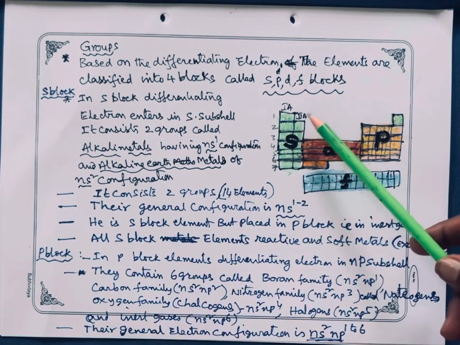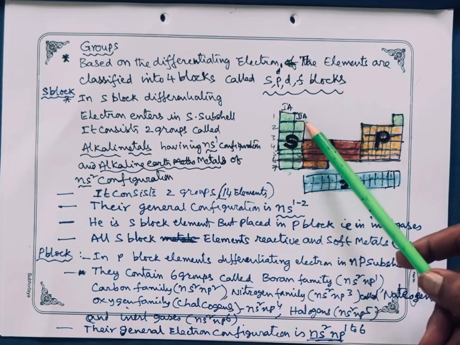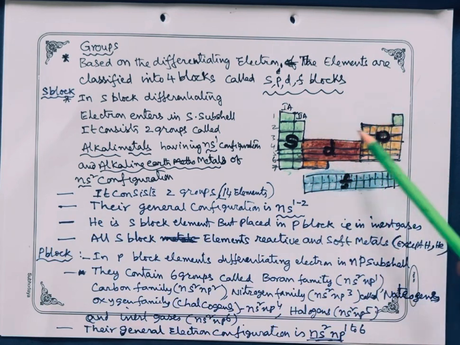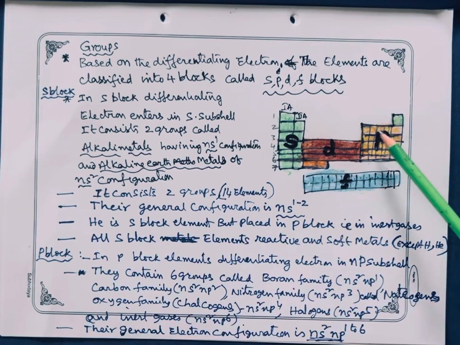The second group is s2. Although helium is an s block element, it is kept in the p block because it has similar properties to the inert gases. So the element of the s block which is kept in the p block is helium. Remember, helium, that may come in the entrance bit.